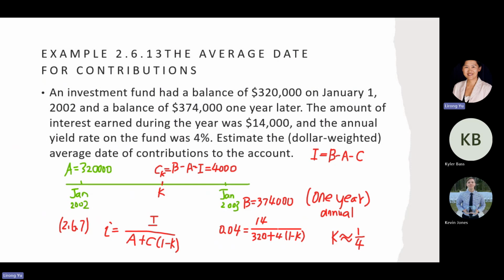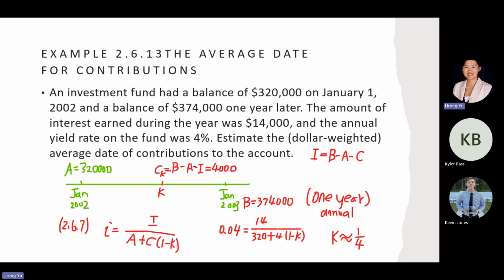Since we have all those in thousands, we can write the equation shorter: instead of 14,000 we write 14, instead of 320,000 we write 320, and instead of 4,000 we write 4. Solving that equation, we can find k. Multiplying both sides of the equation, we have k equal 1/4.